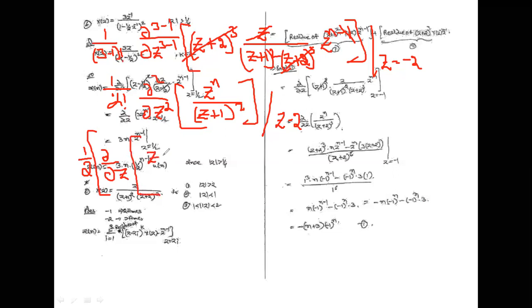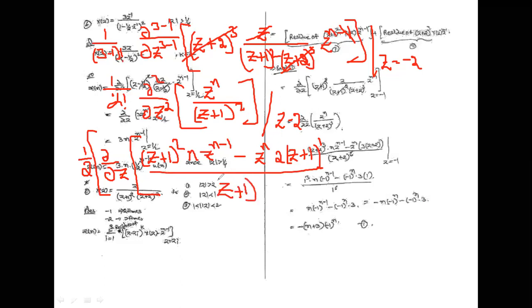Take the first one, z plus 1 whole square, and apply the derivative for this one: u is n into z power n minus 1, minus taking the v, z power n, and 2 into z plus 1 whole power 1, whole divided by z plus 1 whole square, it becomes z plus 1 whole power 4.